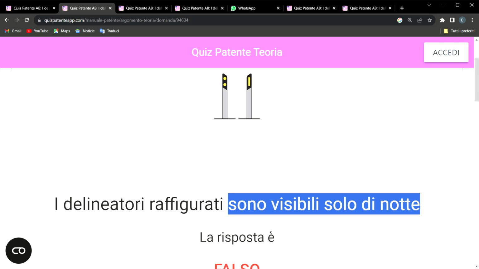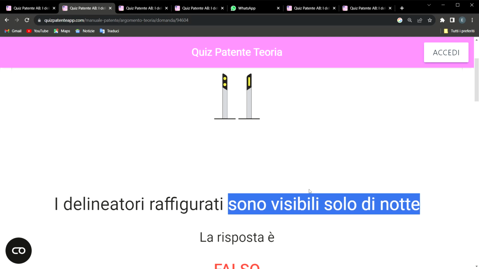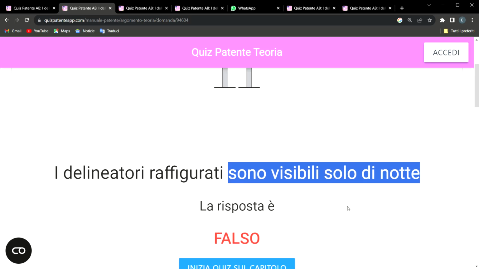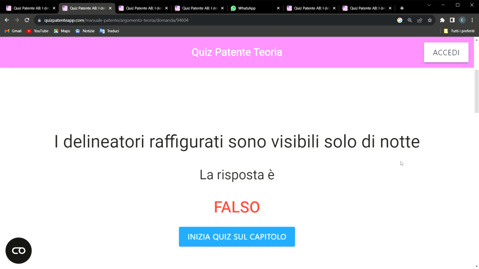Which means, in other words, that in daytime you can't see it, and in daytime the function of this is useless, and that's false. Both day and night it is always useful and always visible. So whenever you are answering any quiz and you come across something like this, visible solo di notte is always false.